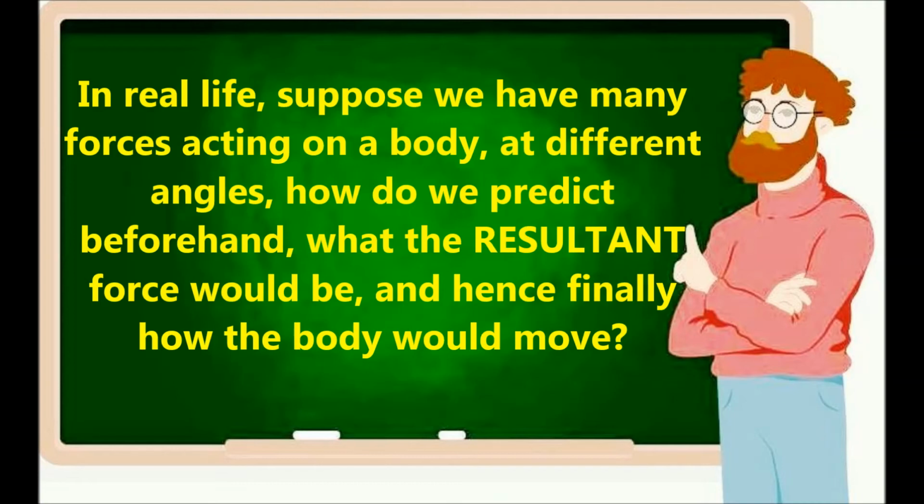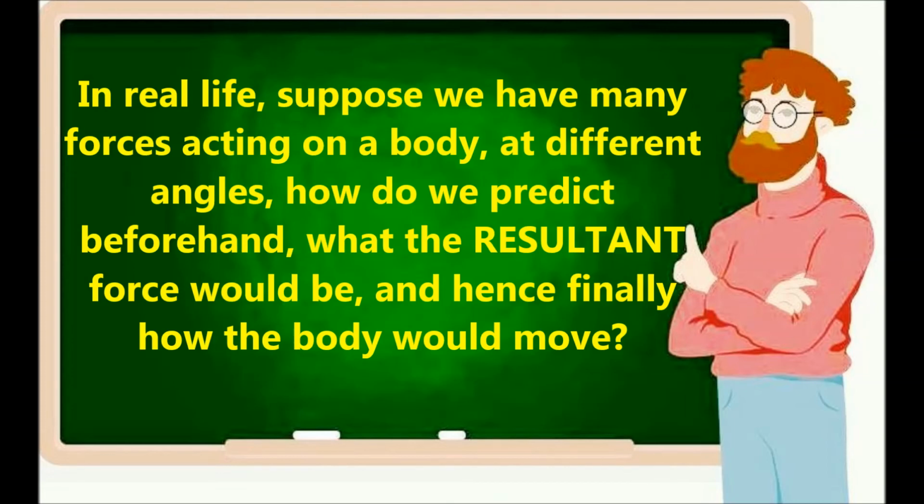Finally, how much force will act on the body and at what angle? They have to be added up. It cannot be just addition of magnitudes like arithmetic, because direction also is involved.